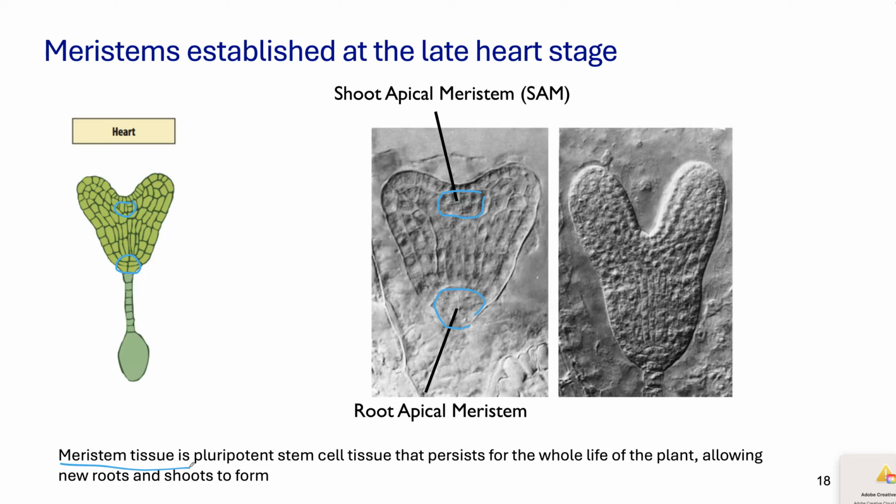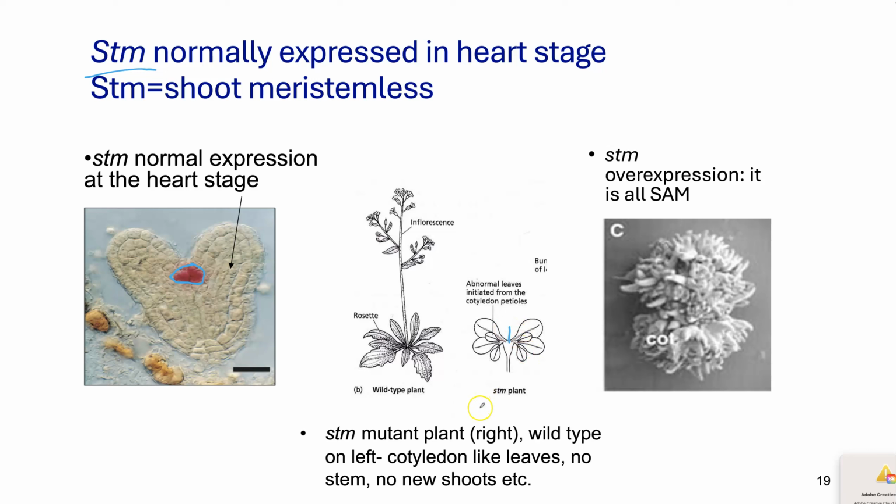But once those few cells that have the capacity to form leaves are used up and form the leaves, there's no self-renewal of the stem cells in the meristem. And so it just runs out, and there's no further development. You've got this funny, very defective looking plant. Okay, so this is the mutant.